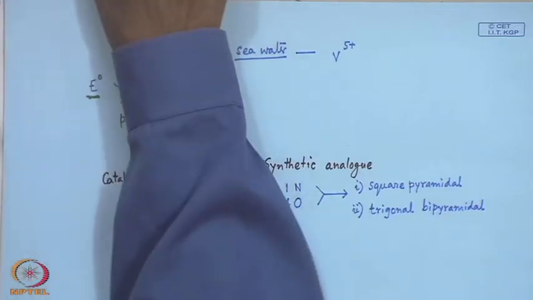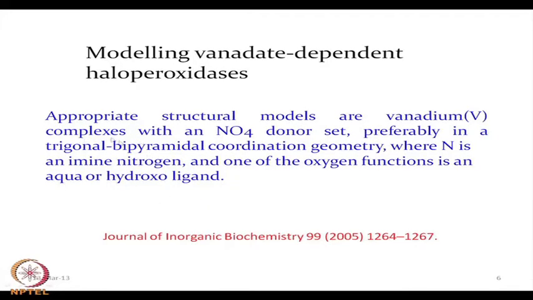So, the situation is such that when we have these vanadium-5 complexes in this donor set, what we have seen in the actual reactivity of the haloperoxidase system is that the preference for the coordination geometry is trigonal bipyramidal, and the apical site is blocked by one nitrogen atom, the histidine nitrogen present in the enzyme molecule, attaching from the apical side of the trigonal bipyramidal geometry.